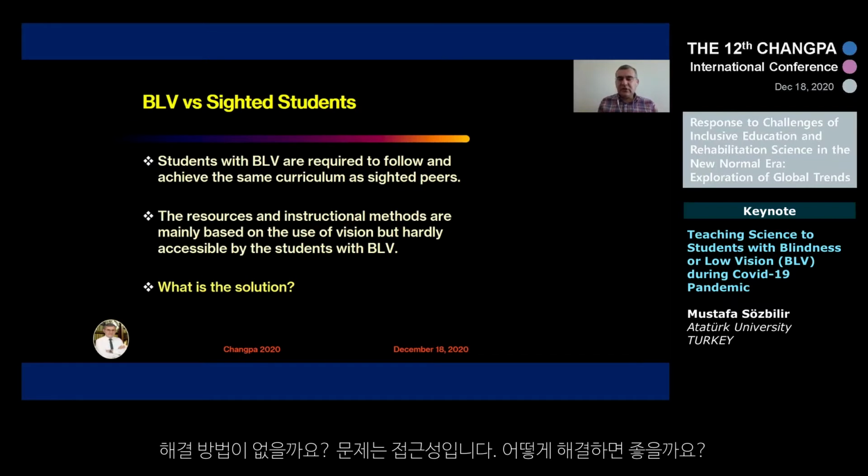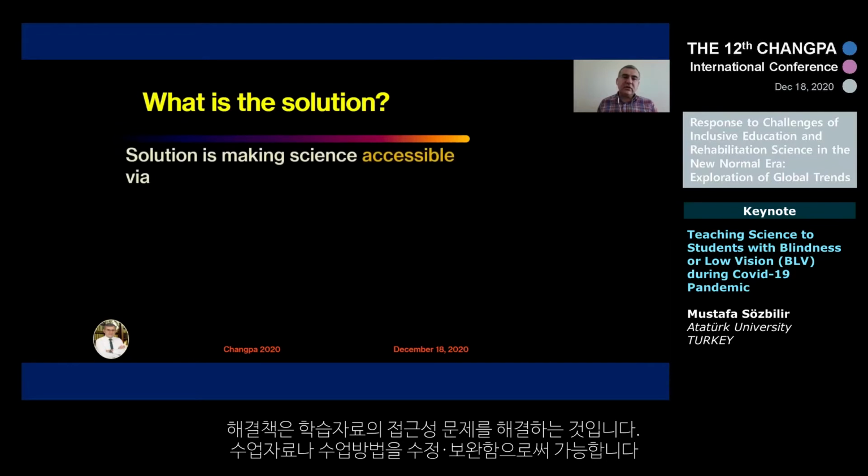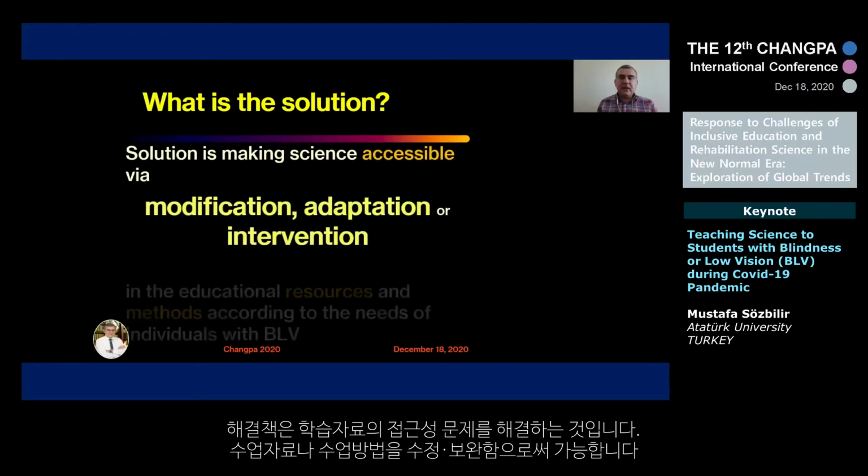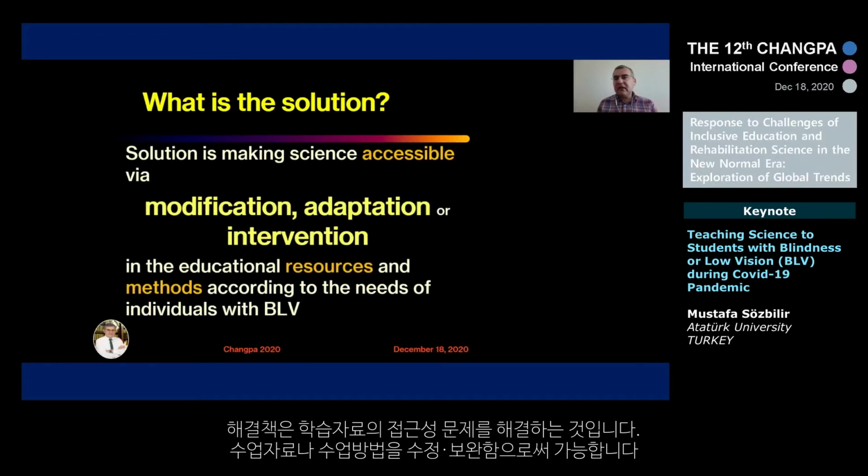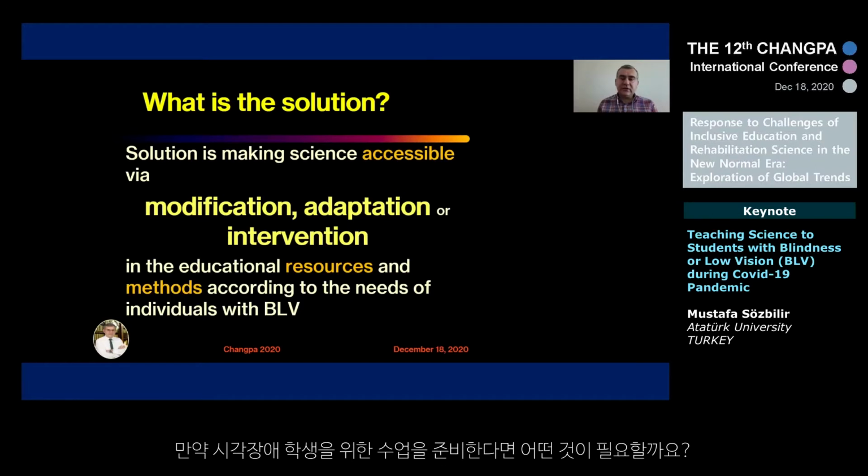So what is the solution? The problem is the accessibility problem. The solution is to make the materials, everything that you are doing, accessible, by modification, adaptation, or intervention of the educational resources, or also the methods that you are using in the instructional process, for the needs of visually impaired students.